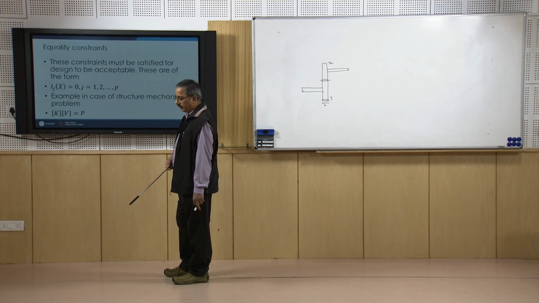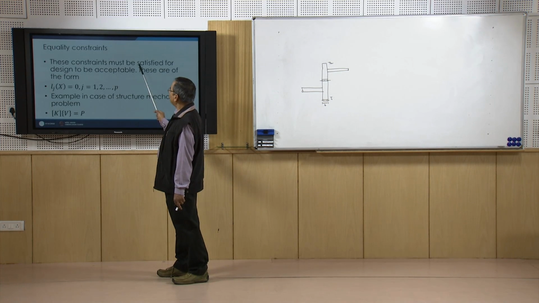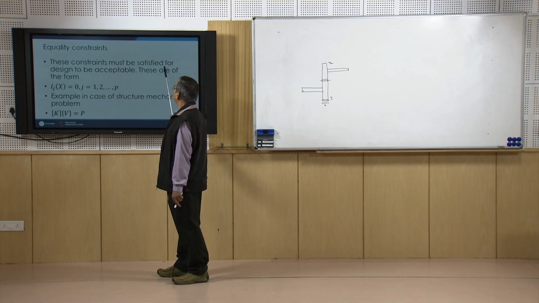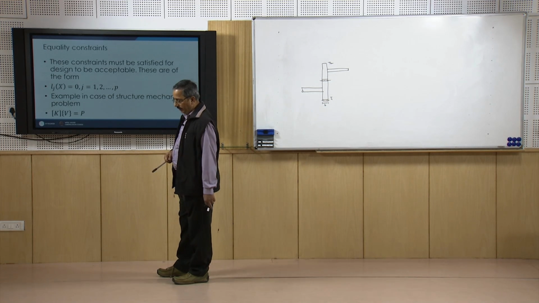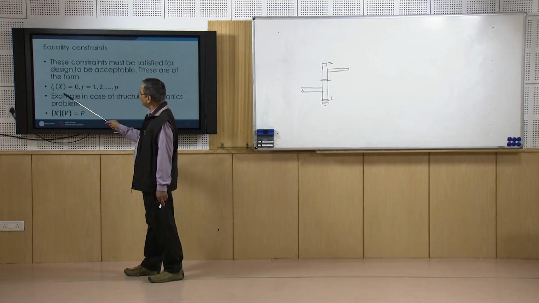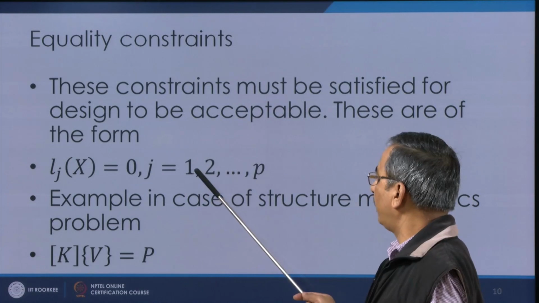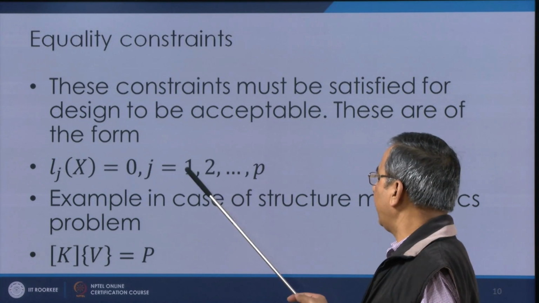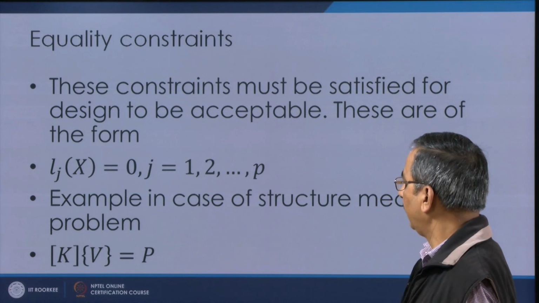Then we have the equality constraints, and these type of constraints must be satisfied for design to be acceptable. These constraints are of this form, Lj(x) is equal to 0, where j can have values 1 to 2 till p.